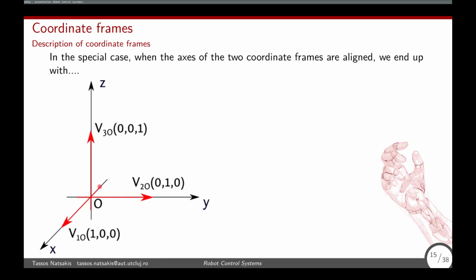So in that case, this vector here, v1,0, would have coordinates 1, that's the distance along the x-axis, and 0, 0, because it doesn't have any distance along the other 2 axes. v2 would have 0, 1, 0, and v3 will have 0, 0, 1, right?